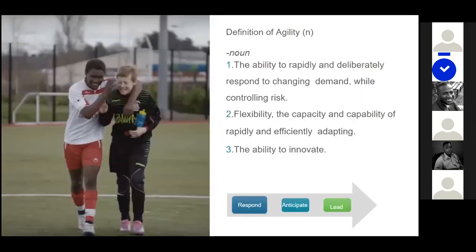So this now brings us to the definition of agility, or when we say agile. So what's the definition of agility or being agile? It's the ability to rapidly and deliberately respond to changing demand while controlling risk. For example, like 10 years ago, BlackBerry was the, I mean, if you don't have a BlackBerry, it's as if you are not living in this world.